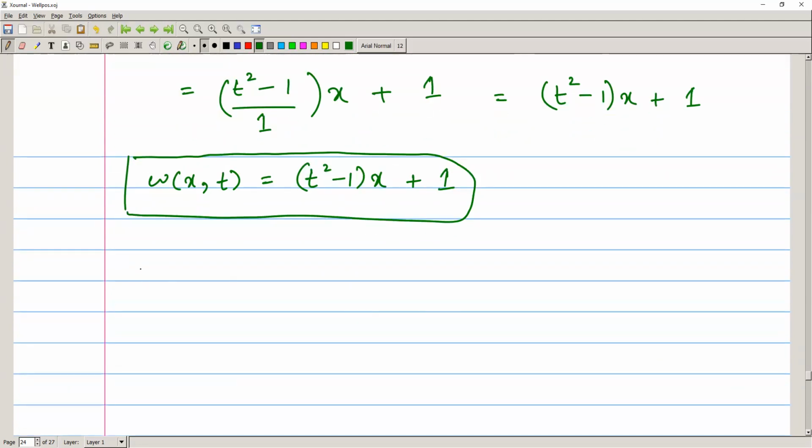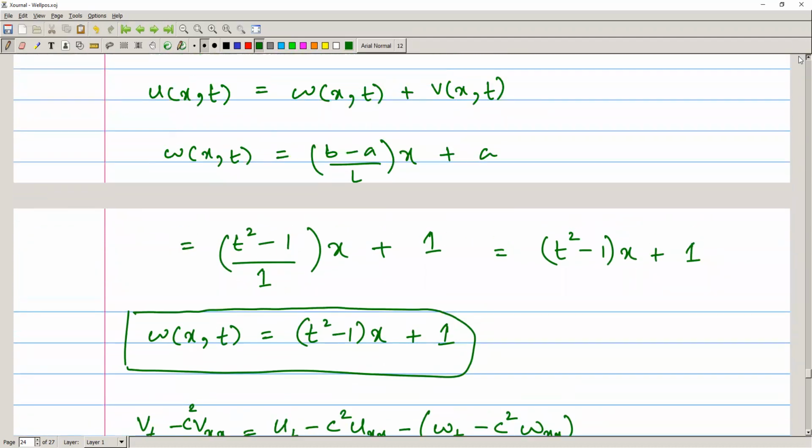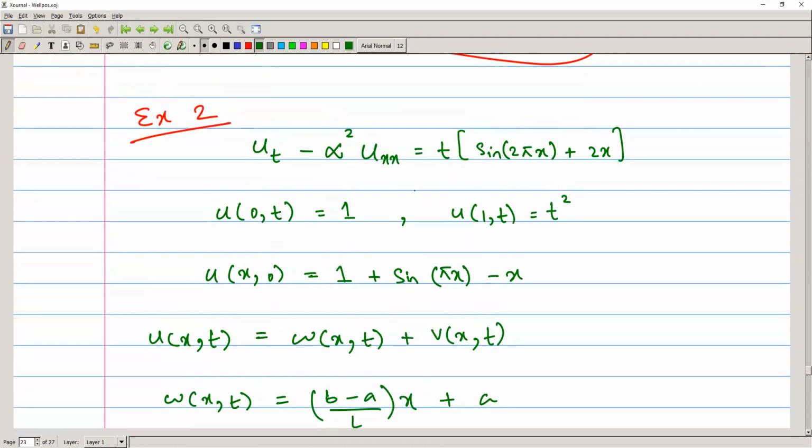Now for v, we know that vt minus c squared vxx is equal to ut minus c squared uxx minus wt minus c squared wxx, which is given as this.